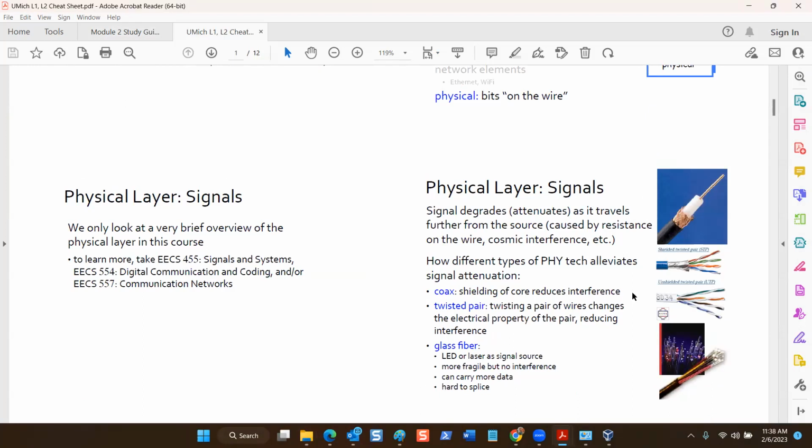And this is where you see some really helpful references. Glass fiber, they're talking about fiber optics. Twisted pair is a reference to Ethernet cable. Coax is another method of transmitting ones and zeros that cable companies use.